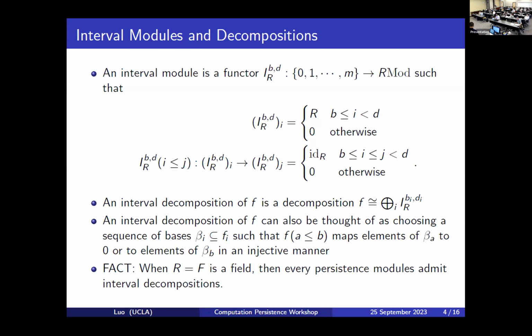The structure maps in between are given by the identity if it's between two copies of R, and zero otherwise.